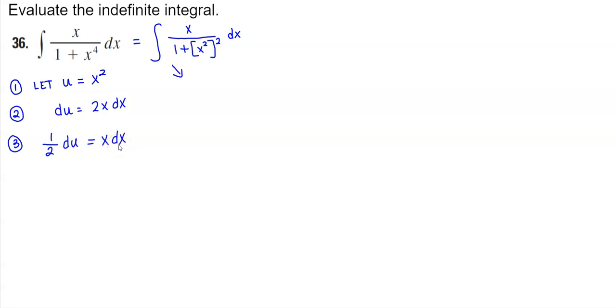Okay, now with step number 4, we're going to rewrite this statement. So the statement is going to be the following. We're going to have 1 over 1 plus x squared, squared, times x dx. So what do we know about the denominator?